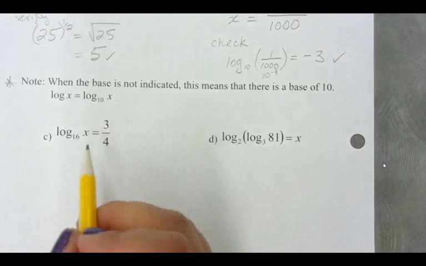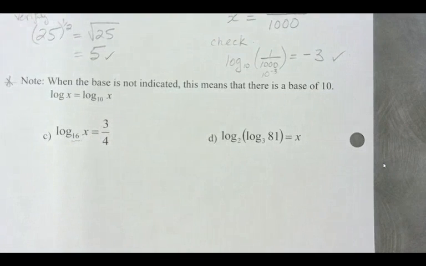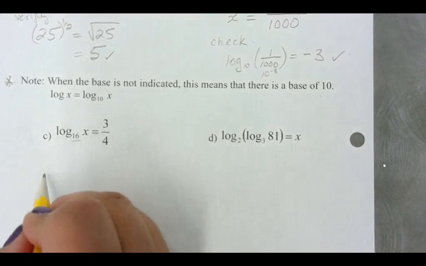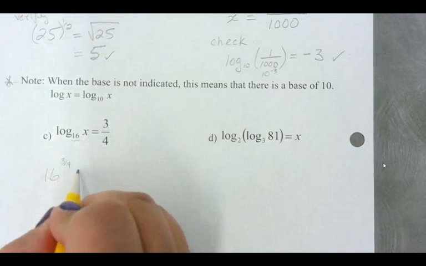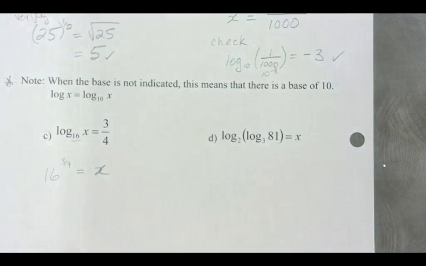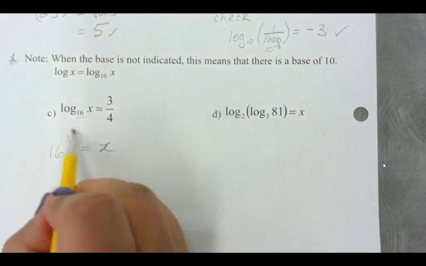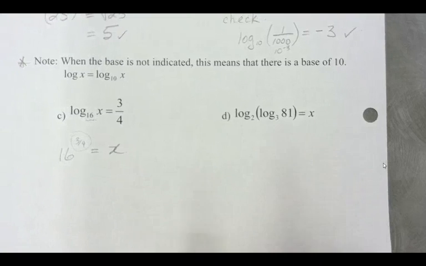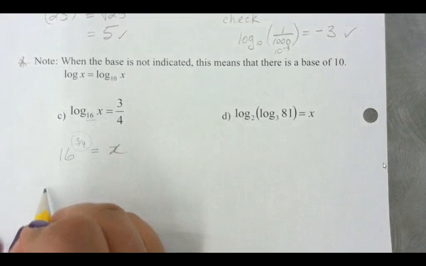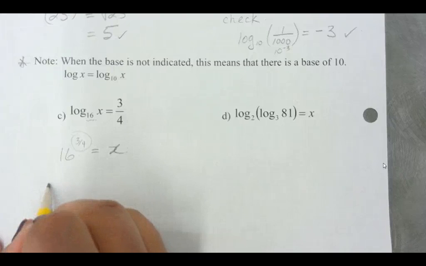All right, now we've got a base of 16 here. So let's rewrite it in exponential form. What do we end up getting? 16 to the power of 3/4, and that is equal to x. Do you remember what this power of 3/4 means? How can we rewrite it so that it makes more sense in terms of numbers to us?